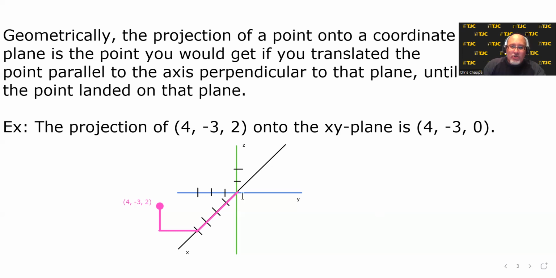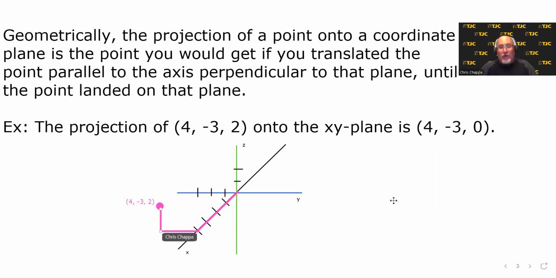You'll notice I've got these three pinkish lines here that start at the origin and then travel in the x direction 4, in the y direction -3, and I know it travels in the correct distance because I actually drew this segment up here and then translated it down here, and then the z direction 2, which again I know is the correct distance because I took it here and translated this segment over there.